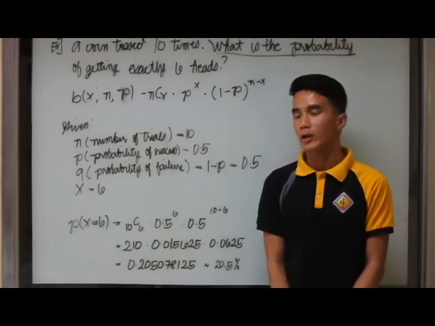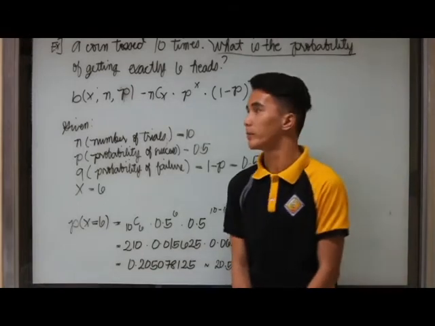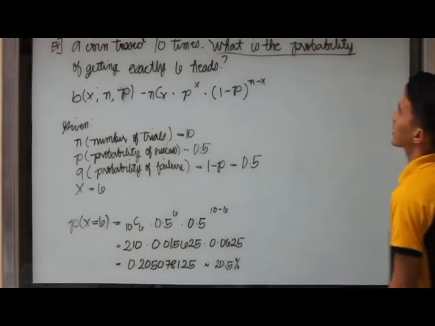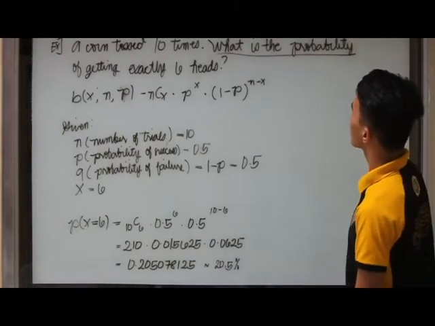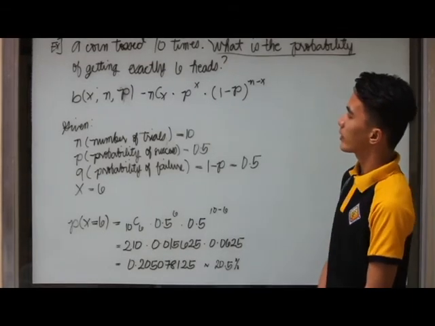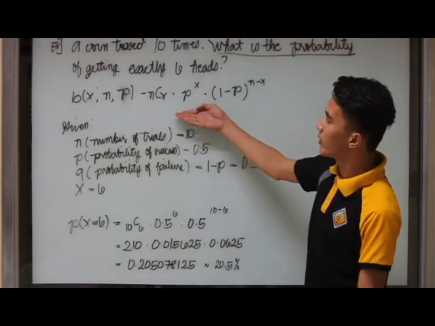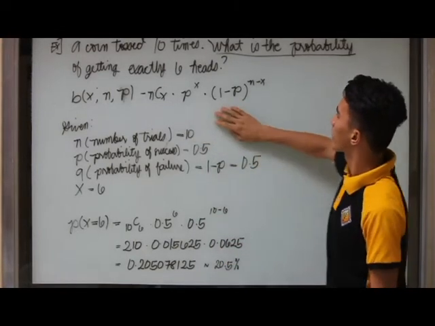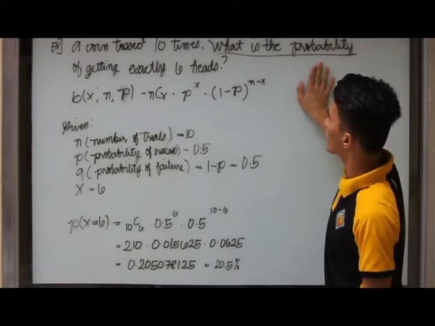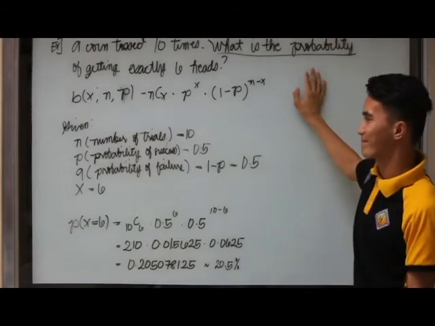So, an additional example of a binomial distribution problem. A coin is tossed 10 times. What is the probability of getting exactly 6 heads? In the previous example, we used another formula. Here we use another one. So, we are asked to find the probability of getting exactly 6 heads.